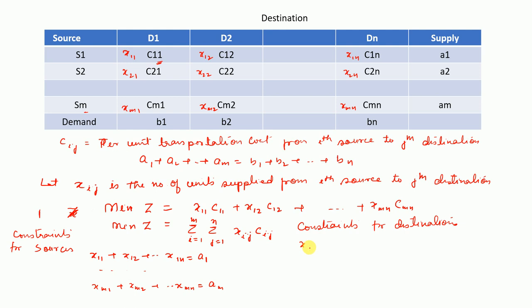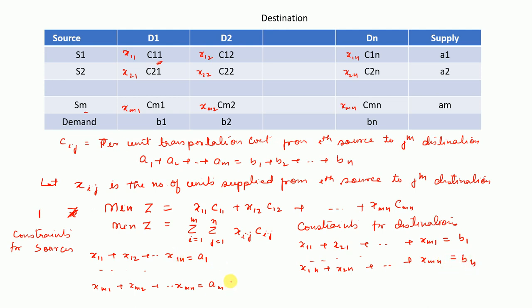So look at this: x11 plus x21 plus up to xm1 equals B1, and similarly for the last one, x1n plus x2n plus up to xmn equals Bn.